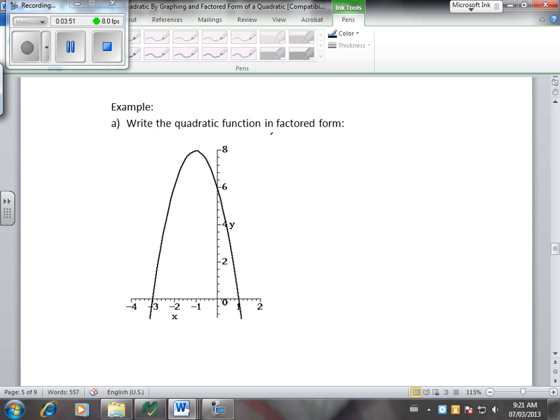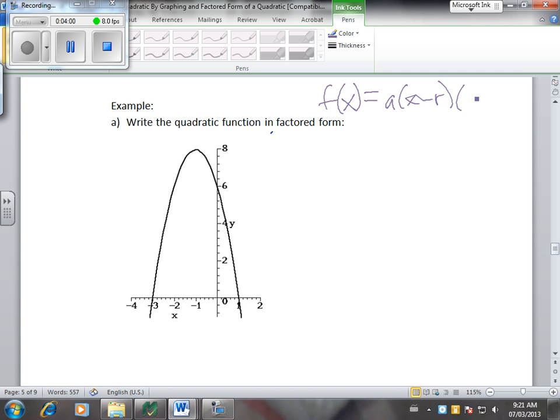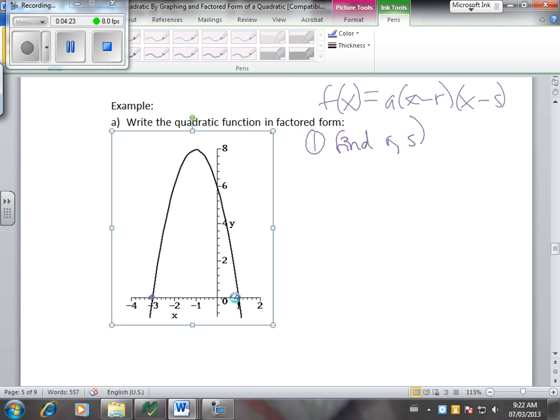We're going to write this in its factored form. And the general factored form would be f of x, or y equals a times x minus r times x minus s. So we're going to try to get into that general form. So our first step will be to find our roots. So we want to find r and s. Okay, and we just look, where is it? So we have it there and there.